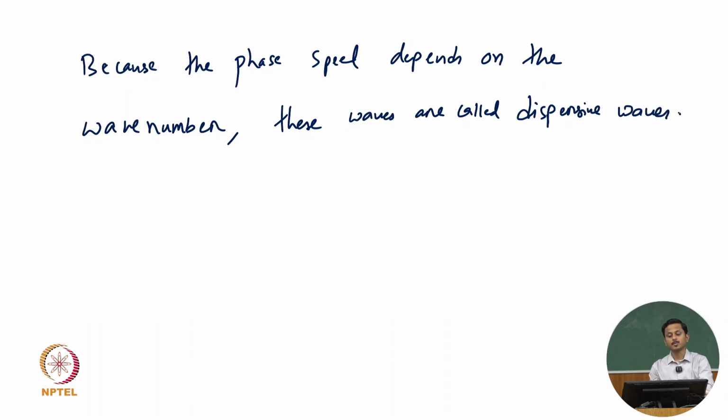The relationship between the frequency and wave number is given by the dispersion relation.